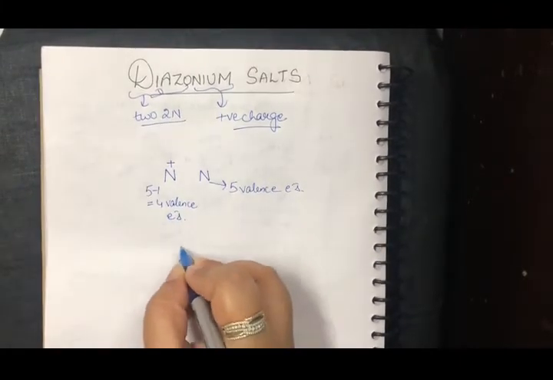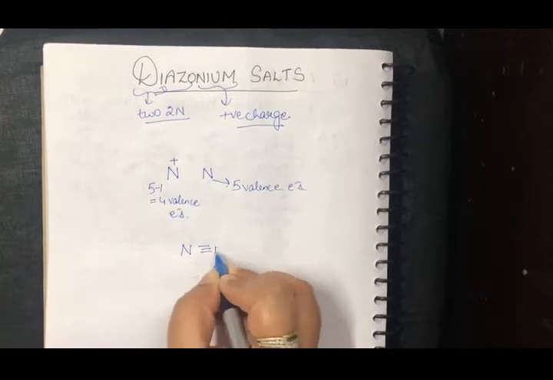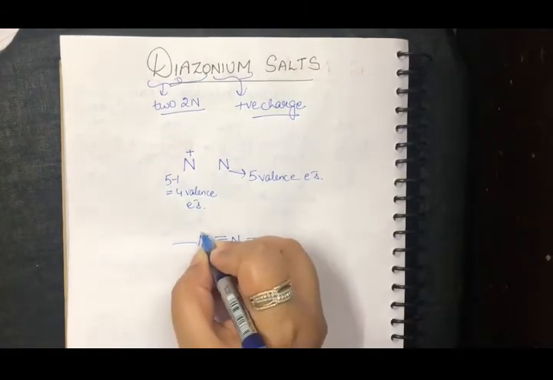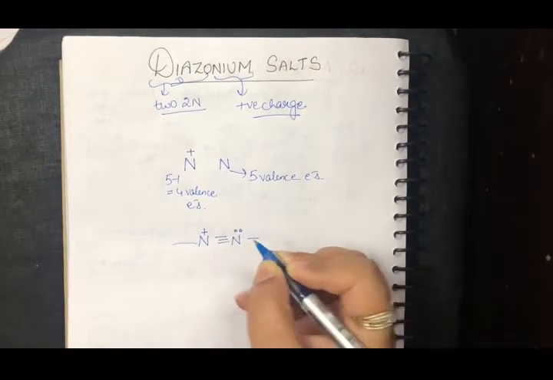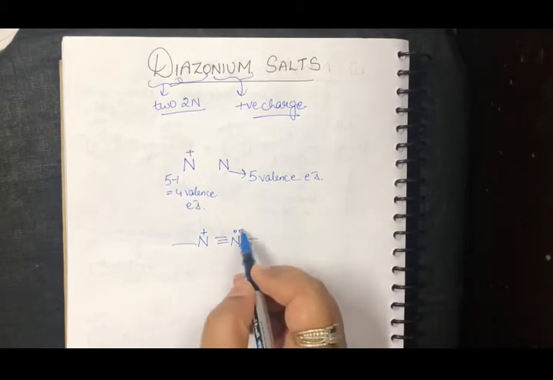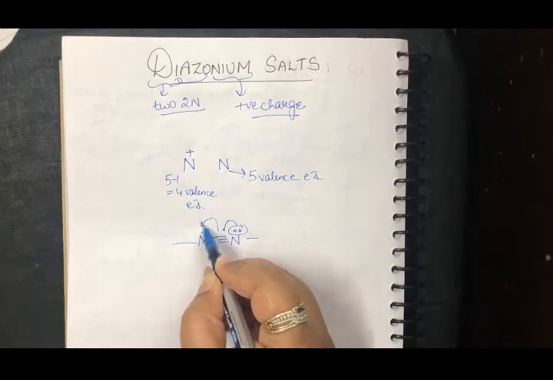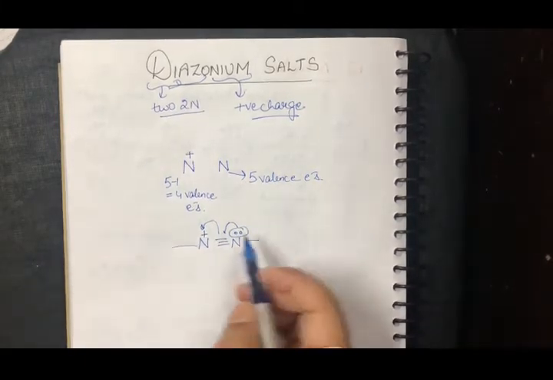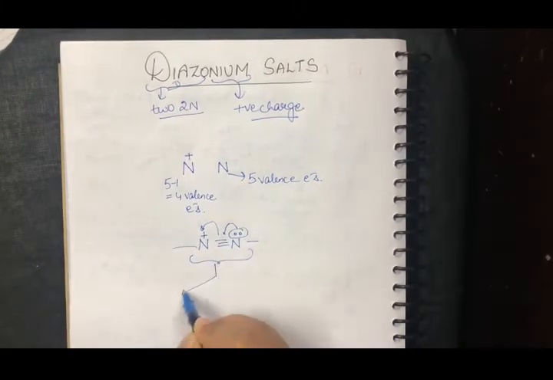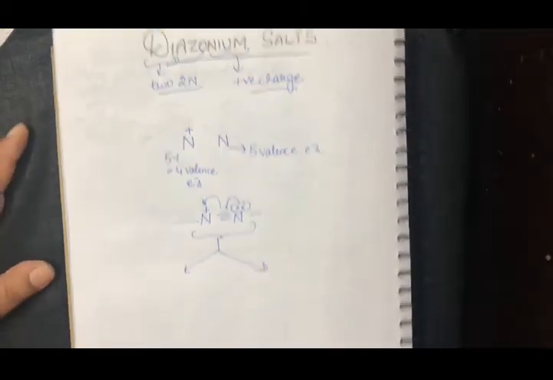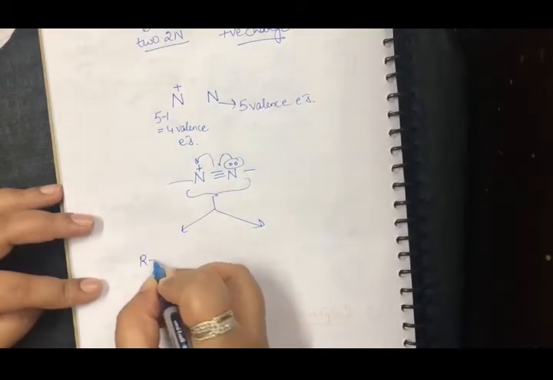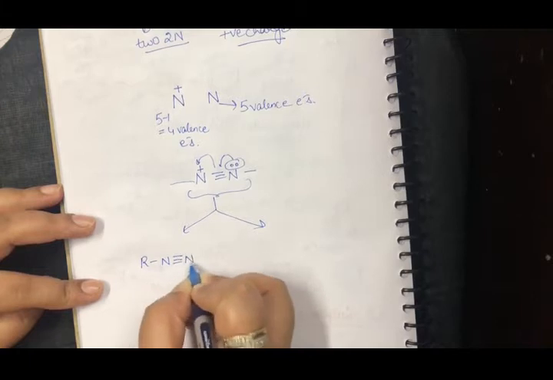Right. Now, if I have to make the structure for this, it would be like this. This would have my positive charge and it would have that lone pair of electrons towards itself. Now, at any given point of time, this can shift here and this can shift here. So now, it can undergo reactions. If it is an aliphatic diazonium salt, it would be like this.